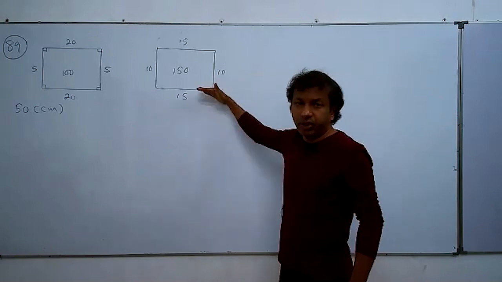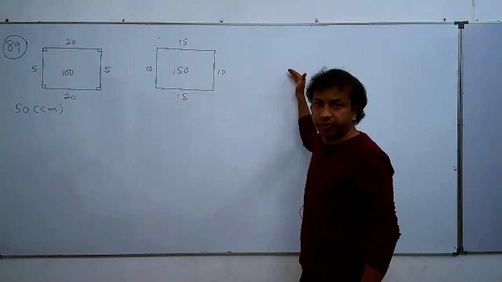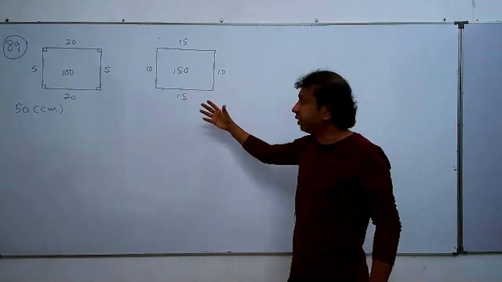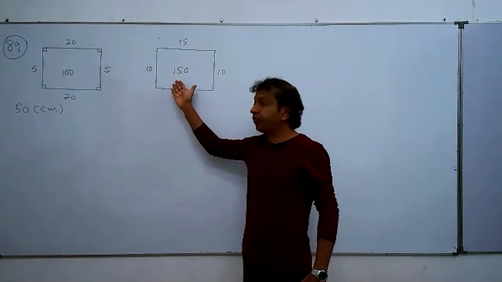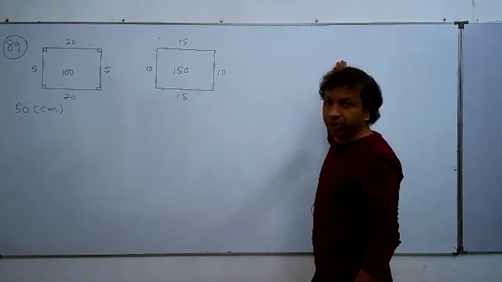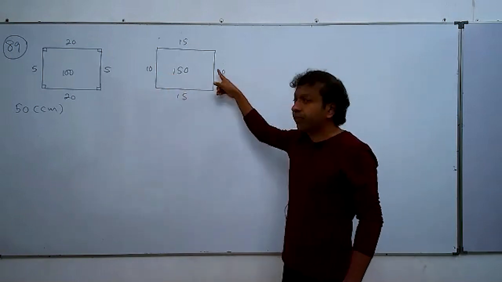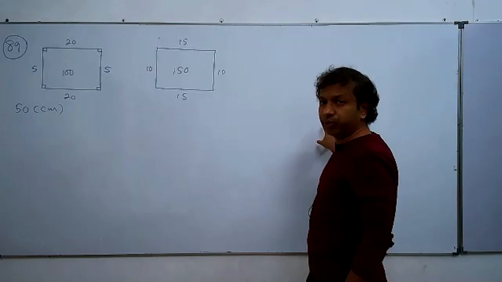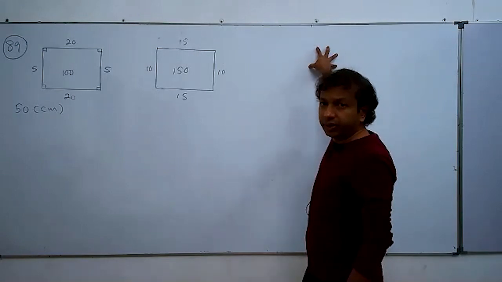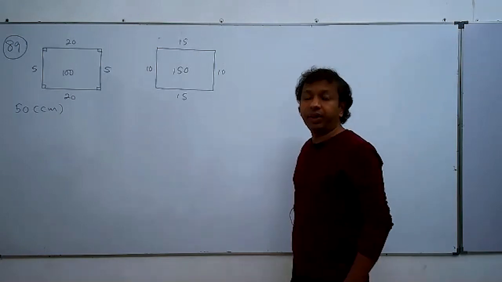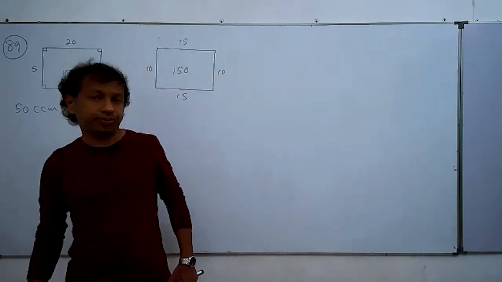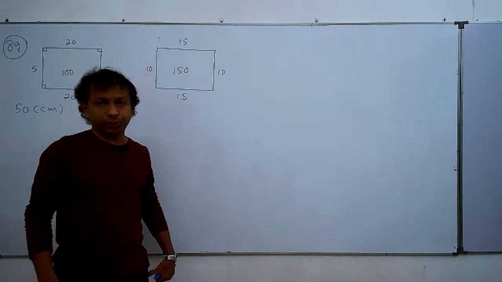Then when we find infinitely many rectangles, each has an area. Among these area figures, there is a maximum, greatest one. If we select that corresponding rectangle, we see that rectangle is a square. That's what we have to prove.